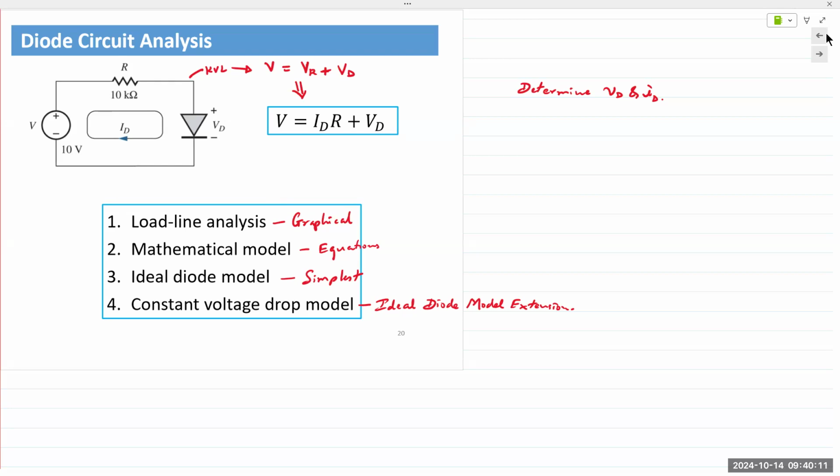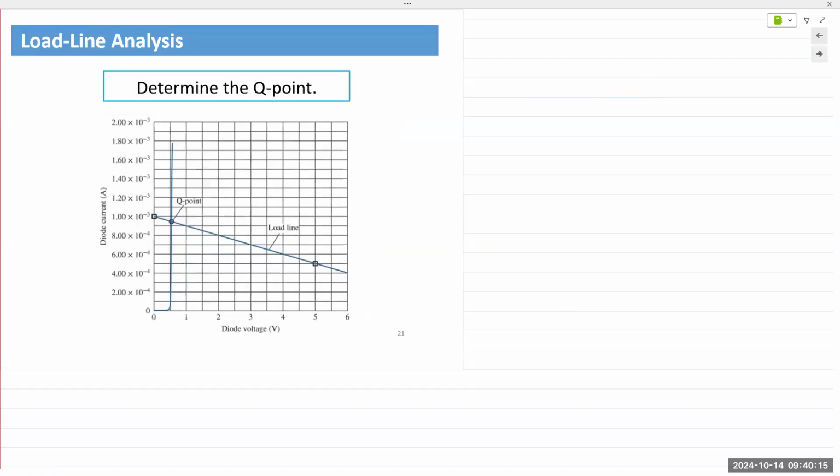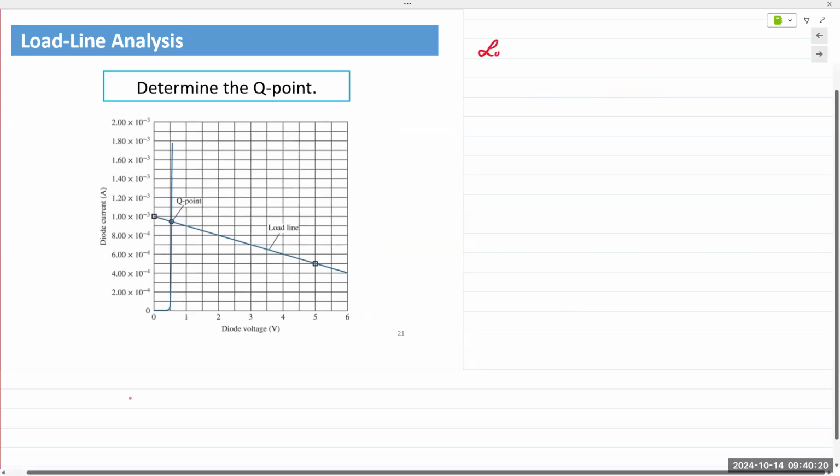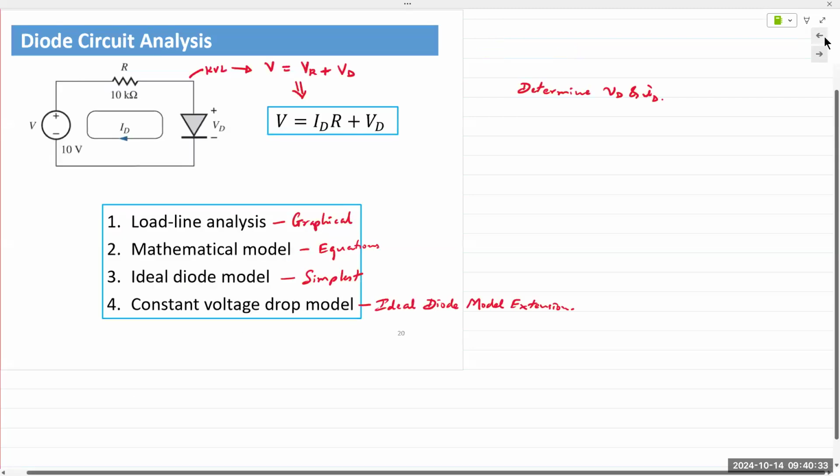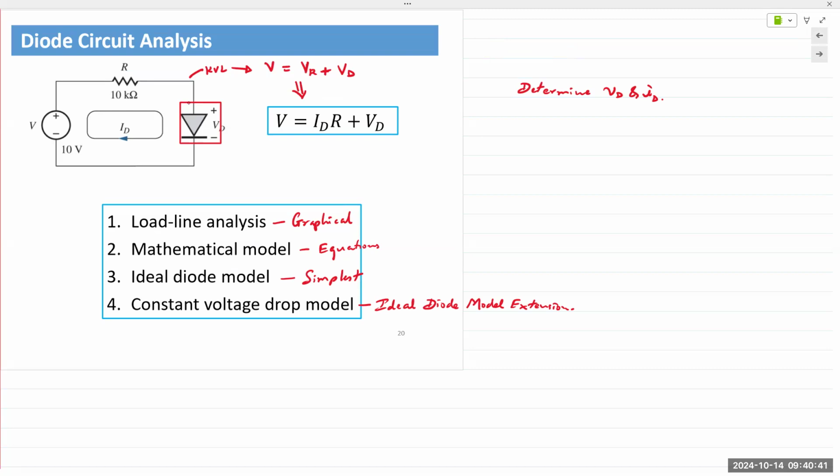So let's take a look at load line first. What exactly is load line? Well, the load for the diode is the external circuit. In this example, if you're analyzing the diode, everything else is part of the load as seen by the diode.